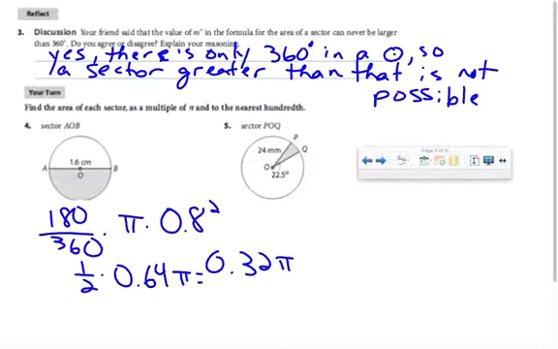And when we evaluate that, 0.32 times 3.14. Actually, let me use my pi button instead. So 0.32 times pi is 1.01 square centimeters.